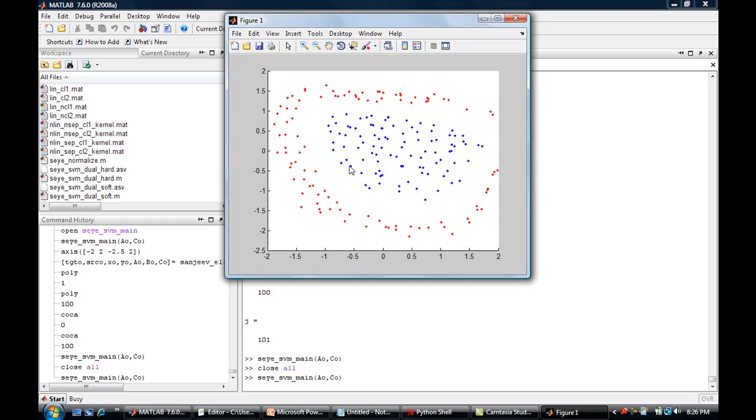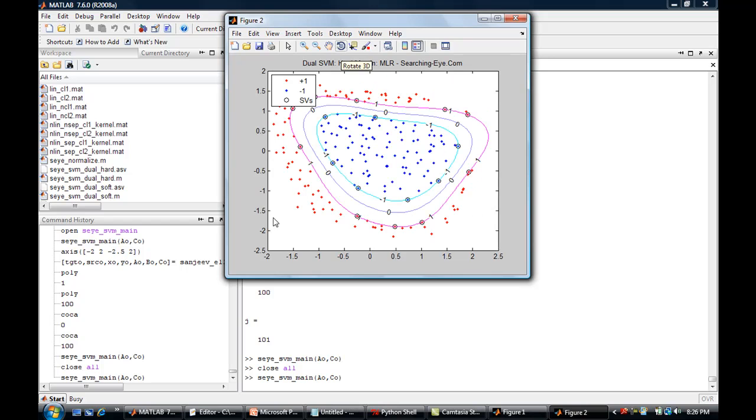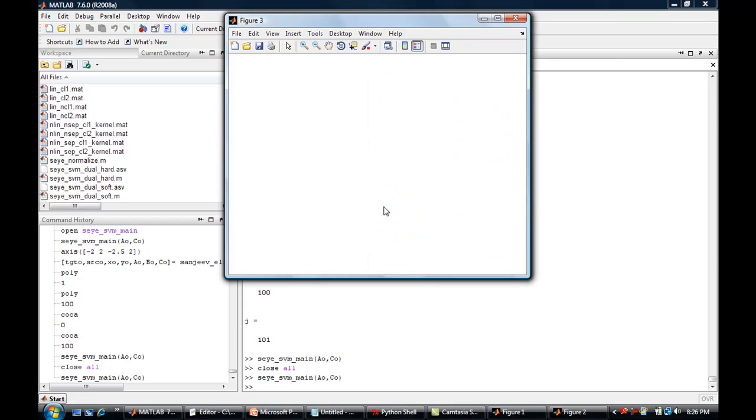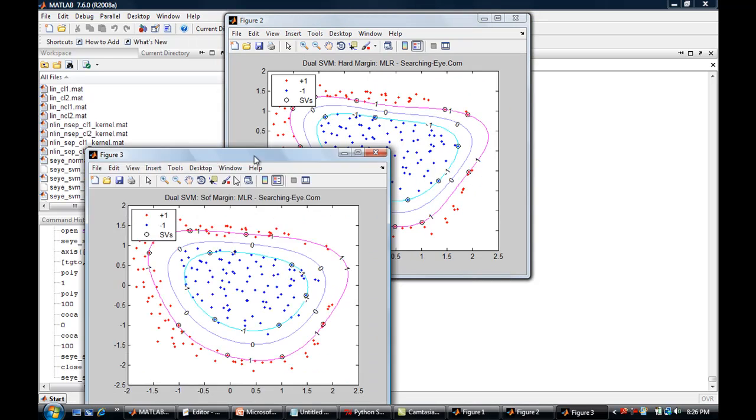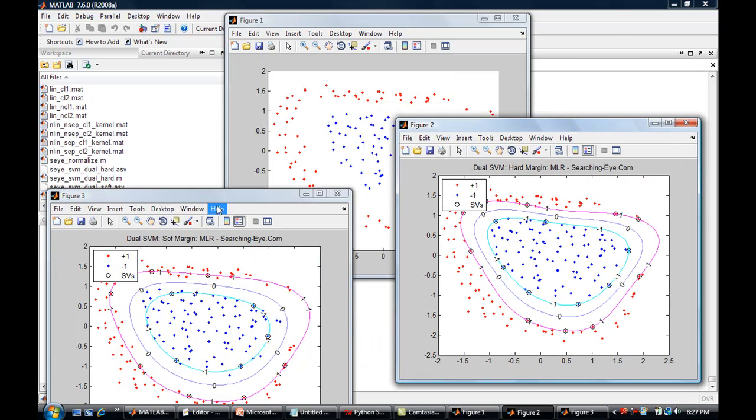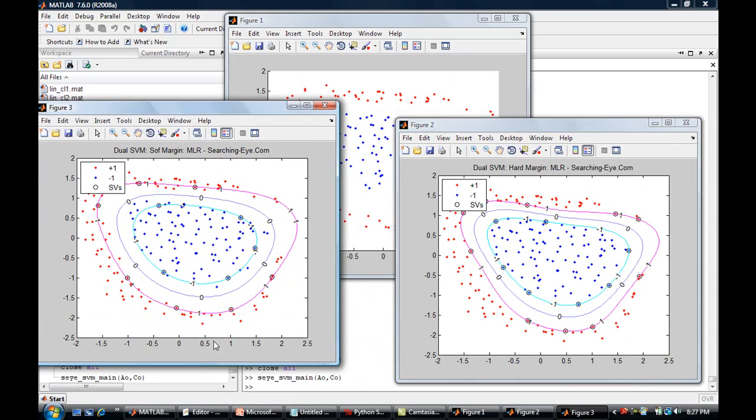So the dataset is normalized, and this is the result for soft margin SVM. That was the result for hard margin SVM, and this is the result for the soft margin SVM.